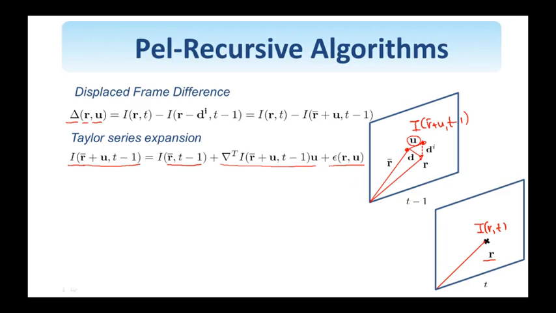Based on the constant brightness constraint, this term here is equal to I of r, t. And then if we look at the displaced frame difference, which equals this, if I combine these two terms and take their difference, this will give me the displaced frame difference.